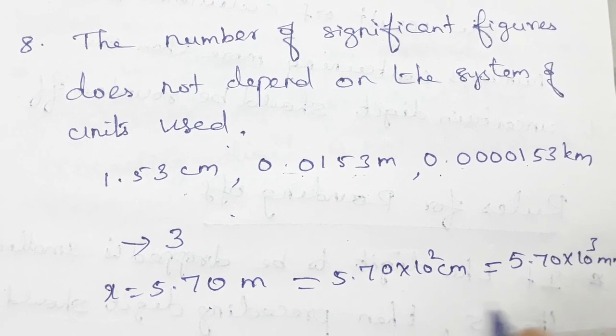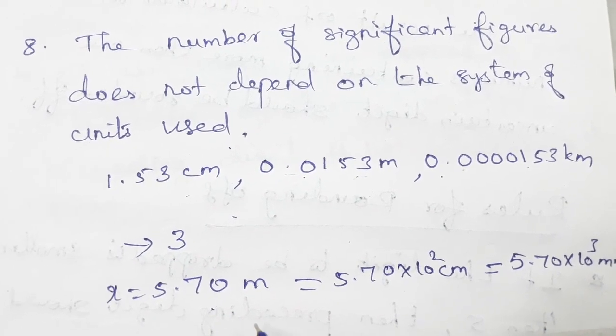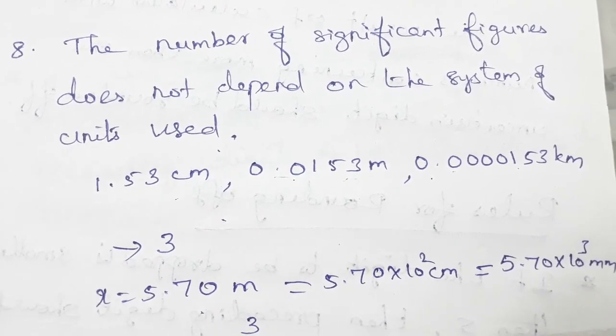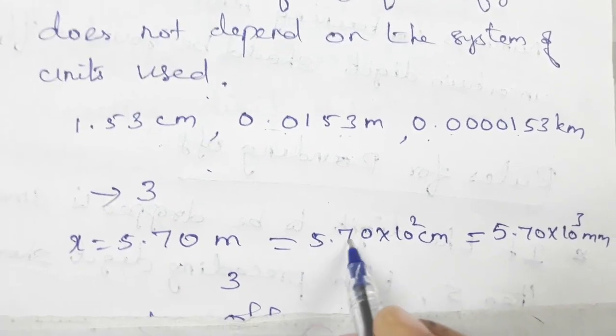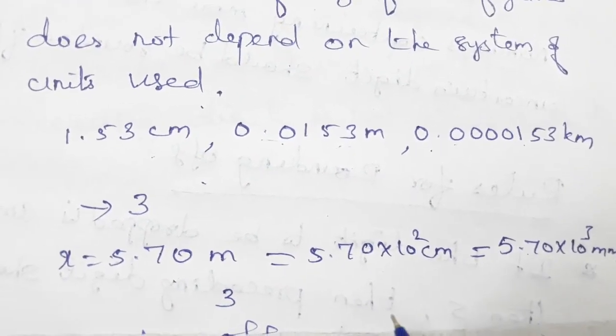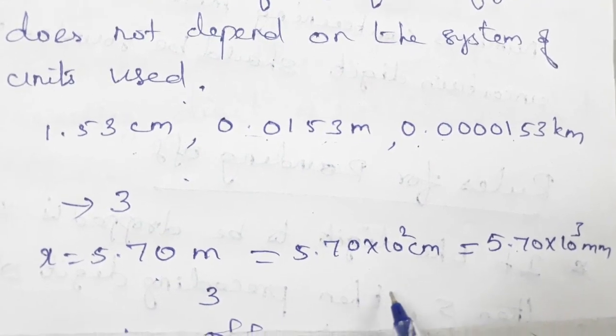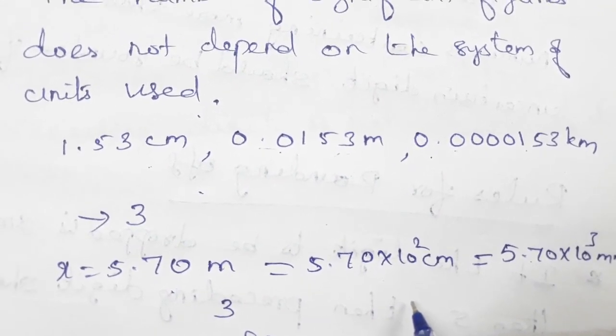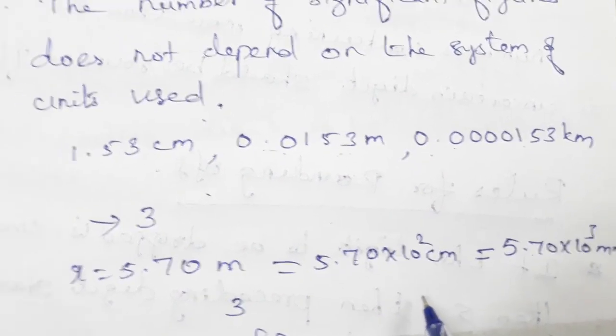So all these have 3 significant figures. 1, 2, 3, 1, 2, 3, 1, 2, 3. So the power of 10 is irrelevant to the determination of significant figures.